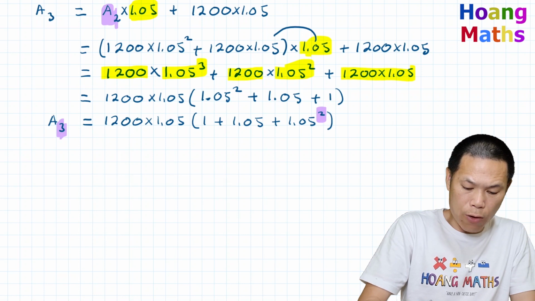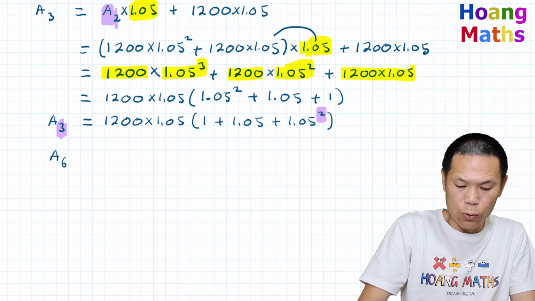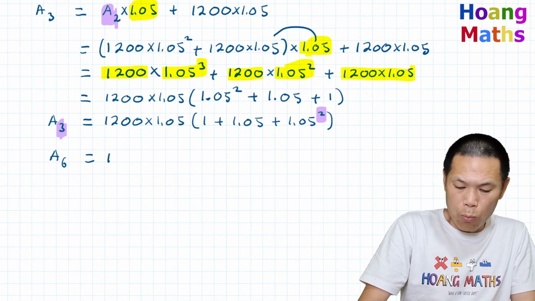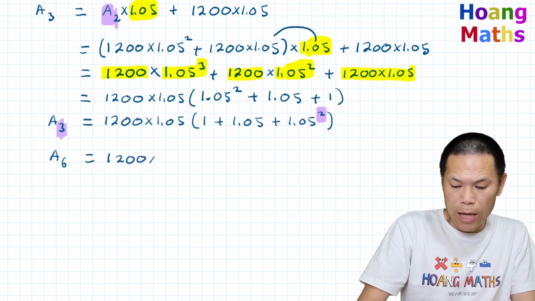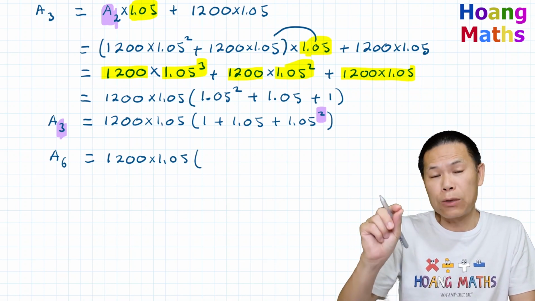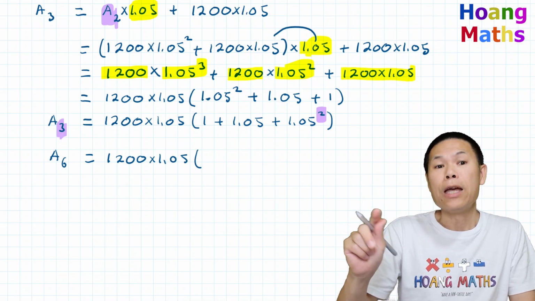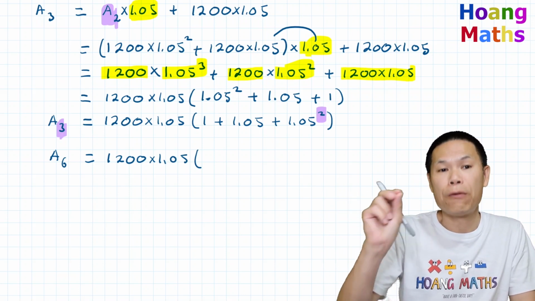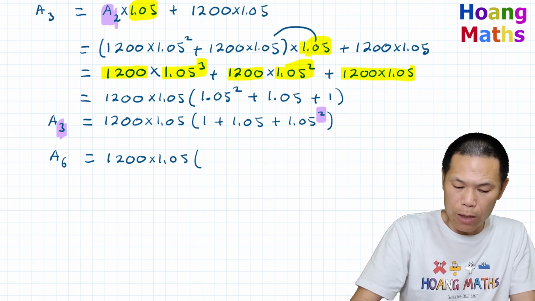And we want to work out at the end of 6 years, which is A6. So therefore, that becomes 1,200 times 1.05 and then 1 plus 1.05 plus 1.05 square plus all the way to 1.05 power 5, 1 less. Okay, so keep that in mind.